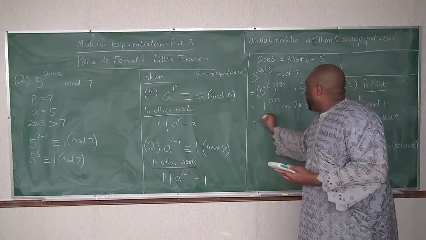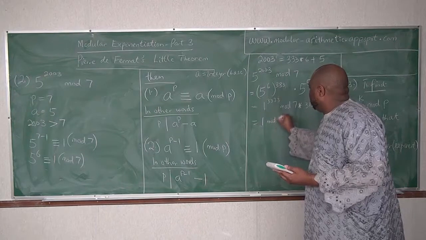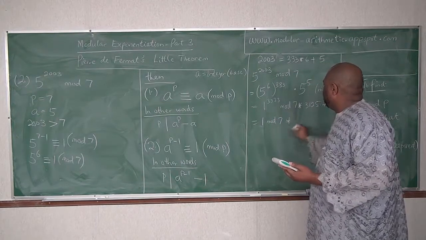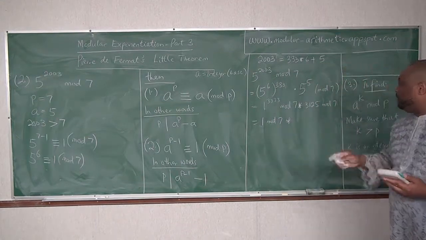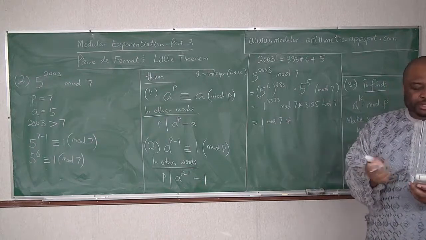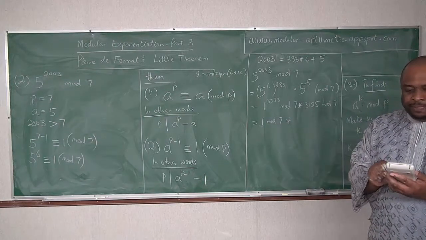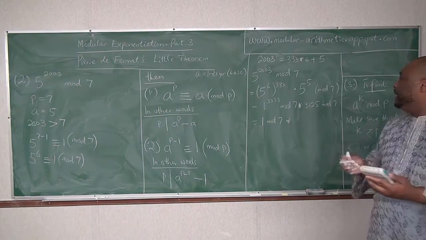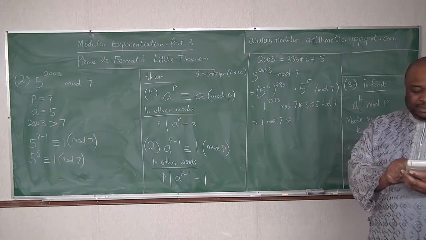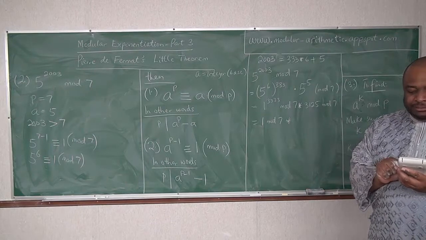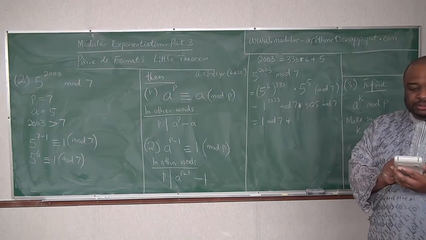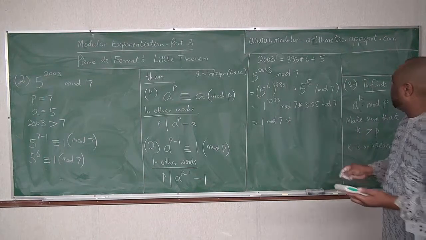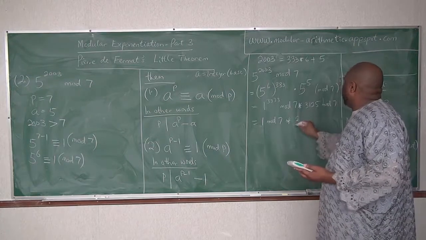So this gives me 1 in mod 7 times 3125 mod 7. You just do 3125 divided by 7, which is 446. Then you do 446 times 7, and subtract it from 3125, and it gives you 3.